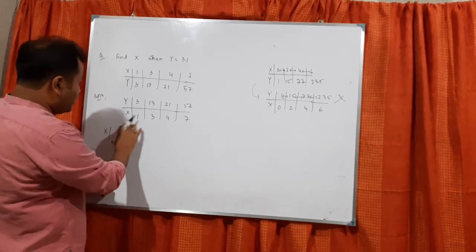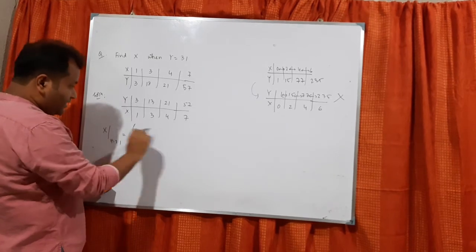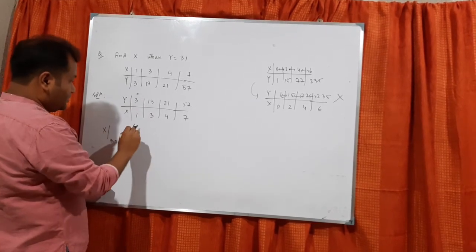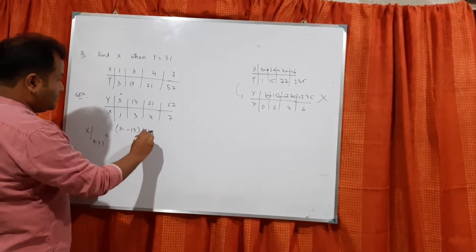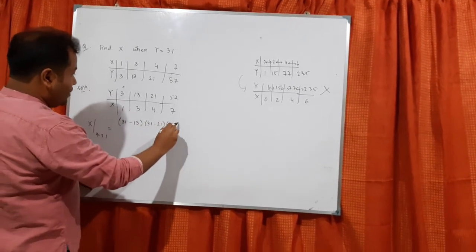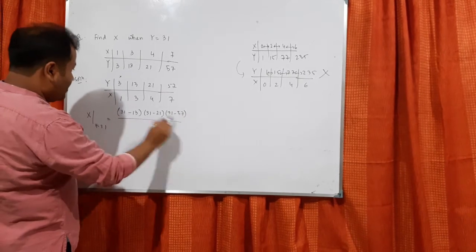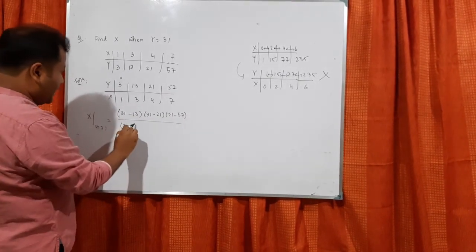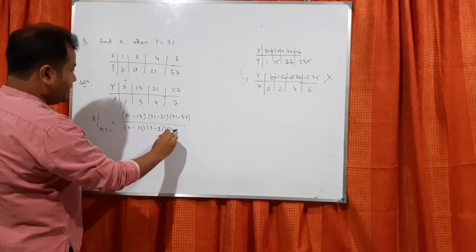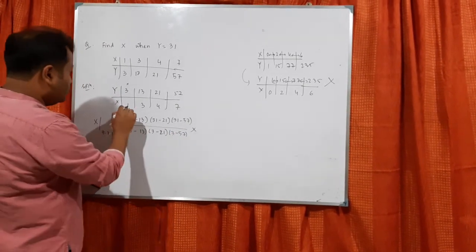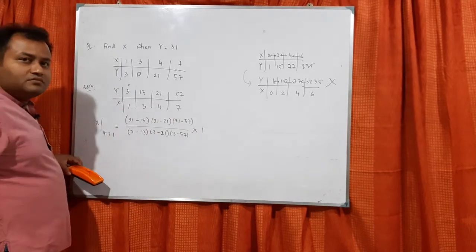So what is the procedure? For the first term, we don't take this one. So 31 minus 13, 31 minus 21, 31 minus 57 divided by 3 minus 13, 3 minus 21, 3 minus 57, into the corresponding x value.